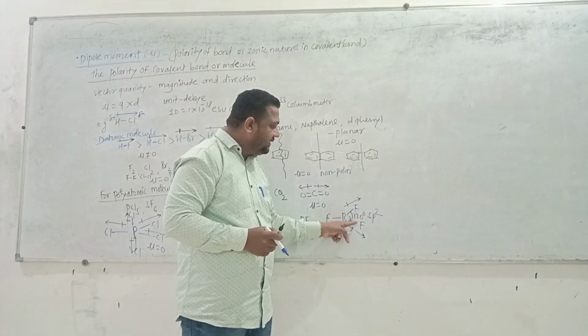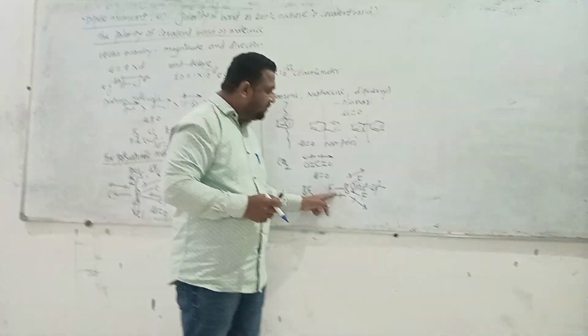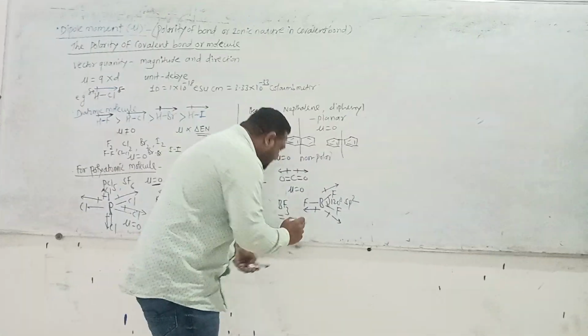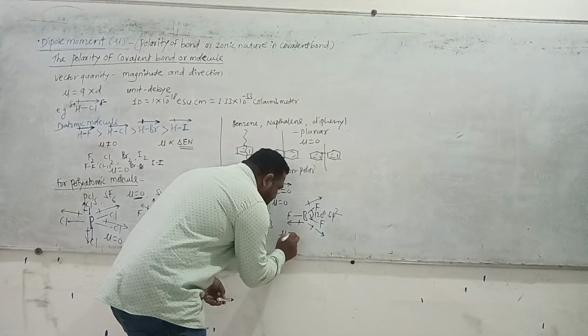The bond dipole of any two bonds is equal and opposite to that of the third, therefore the dipole moment must be 0.